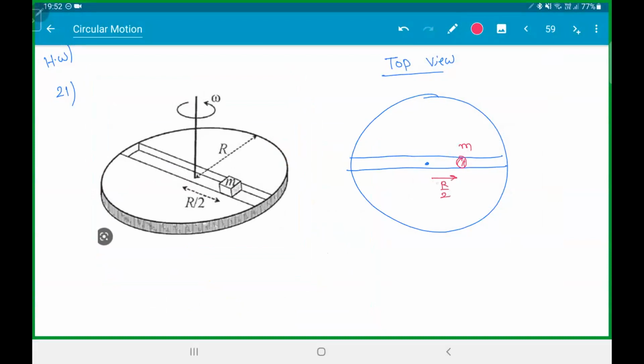This is r by 2, and the total radius is r. So this is a smooth groove. There's no friction anywhere. Find the speed when it comes out of the groove.